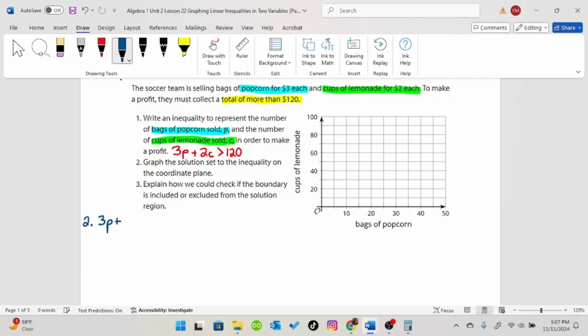So 3P plus 2 times 0 is greater than 120. That means 3P must be greater than 120. The opposite of multiplying by 3 is dividing by 3. So we know that P must be greater than 40.